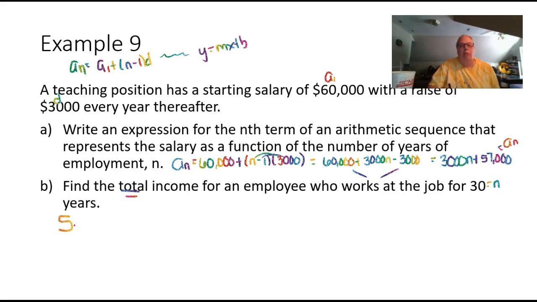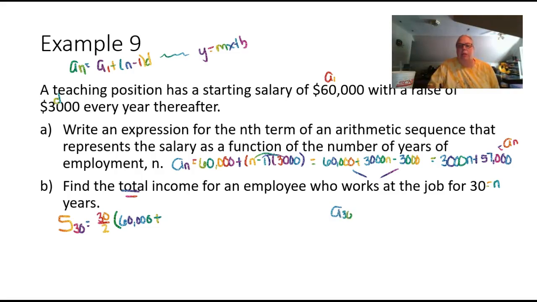All right, the sum of those 30 years is going to be 30 divided by 2 times that first year 60,000 plus the 30th year. Oh, wait a minute, we don't know that one. So let's go plug it in real quick. Let's see.